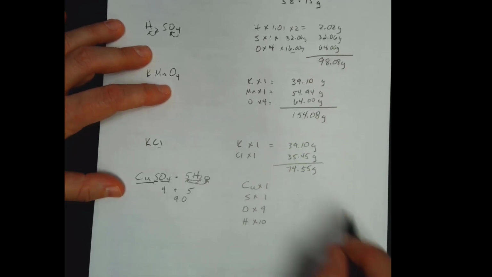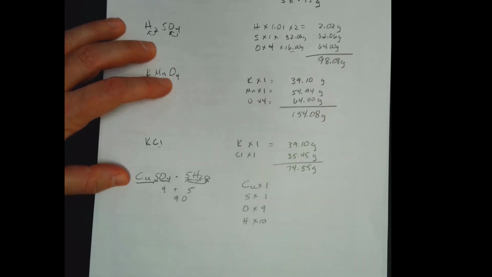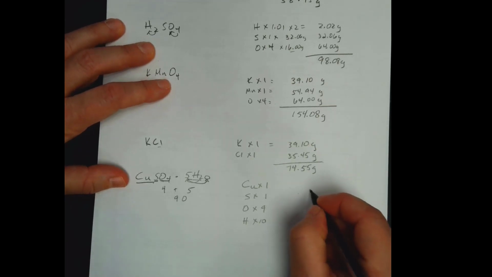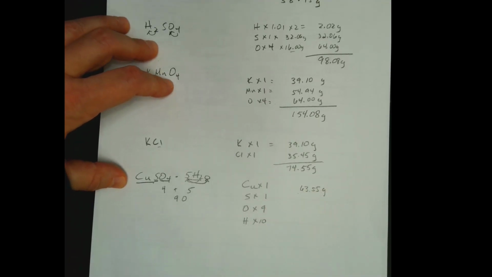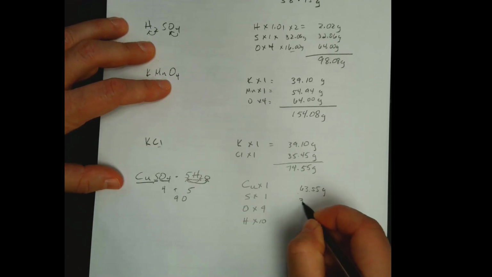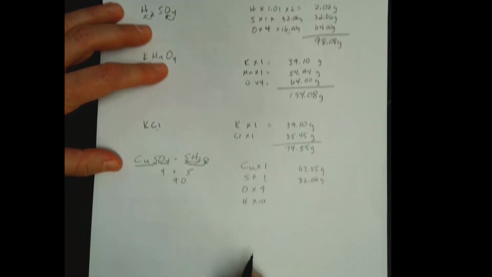So now I have to go through and figure out what's the mass of each of these things. So if I look at copper on the periodic table, I see that it has a mass of 63.55 grams, because I only have the 1 atom of it. Sulfur, if you remember, is 32.06 grams, because I only have the 1 atom of sulfur.